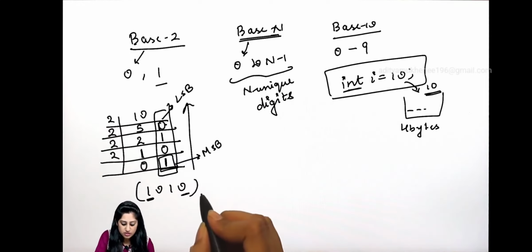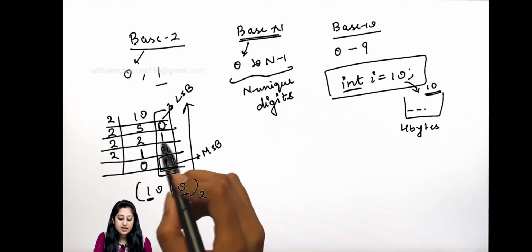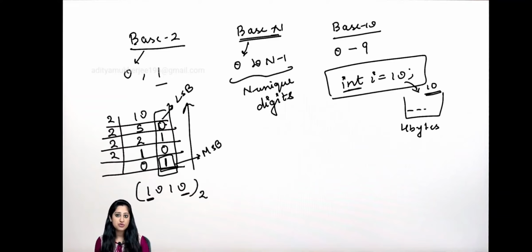So 1010 will be the relevant binary representation. This is how you can convert any decimal number to a binary number. Just divide by 2 and keep collecting all the remainders, because you will need them. Eventually all remainders will be read in bottom to top fashion, the last one being the most important, the most significant bit. This is how you can do it, right?